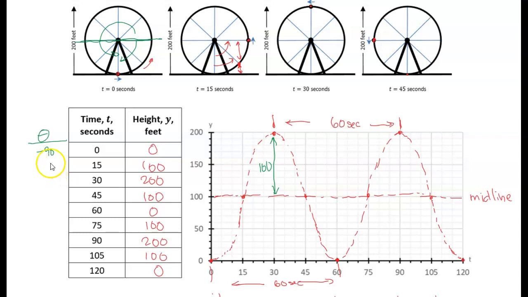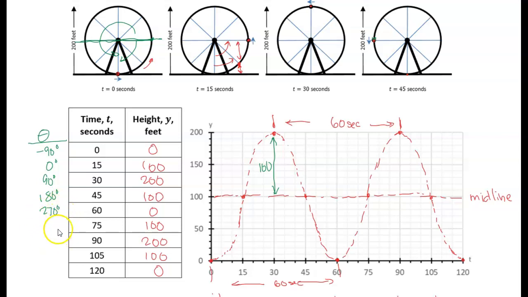So at 15 seconds, we're at the x-axis, where I'm calling the x-axis, so we're at 0. Then at 30, we're at the top of the Ferris wheel, so that's a positive 90 if I measure it from the x-axis. And then we could just keep going around. At 45 seconds, we're at 180 degrees. At 60 seconds, we're back at 0, but we could also call that 270, because we've gone around the circle.